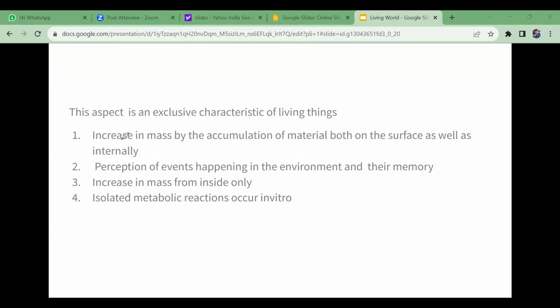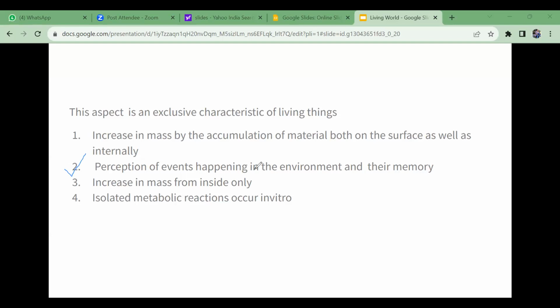Okay. Let's see the third one. Increase in mass by inside only. This is also again growth. Growth is a characteristic feature. Isolated metabolic reactions occur outside. Living reactions are never considered as living things. So the answer will be the third one, because this is the definition for consciousness. Whatever happens outside in the environment, we have to react to it, and a living organism will keep it in memory.